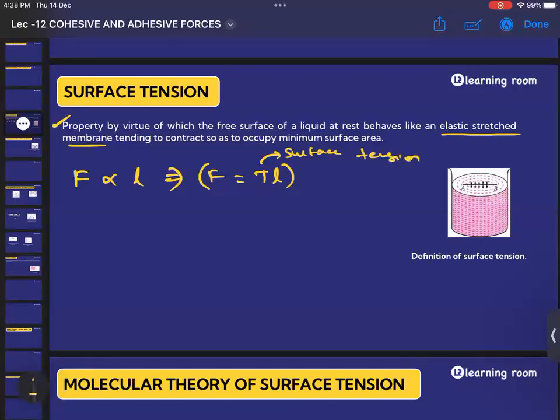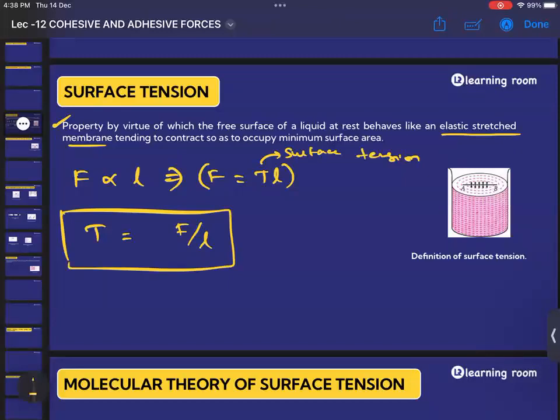So from here, I can write t is equal to F divided by L, and the SI unit for surface tension is going to be Newton per meter.